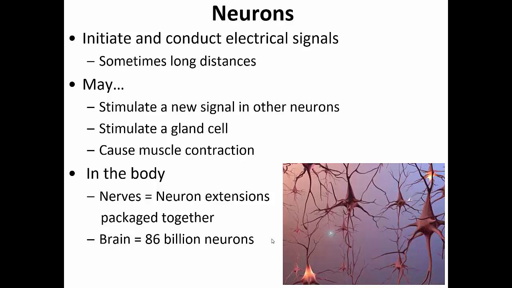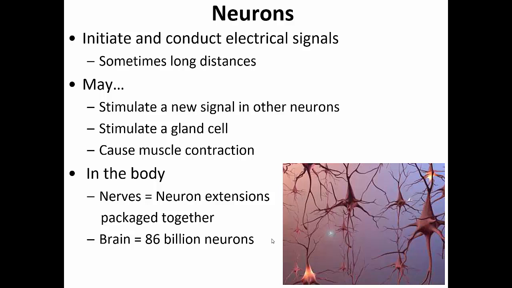Typically, a neuron is connected to one of three potential so-called postsynaptic cells. A synapse is the junction between a neuron and whatever comes after that neuron. And so we typically have three postsynaptic cells. One possibility, and this is by far the most common, is that the neuron stimulates another neuron, and so it connects to a second neuron.